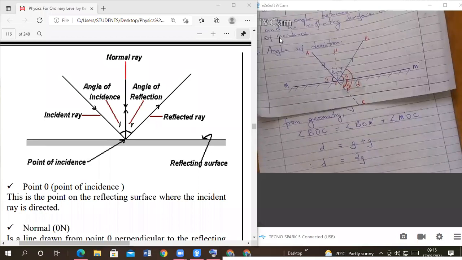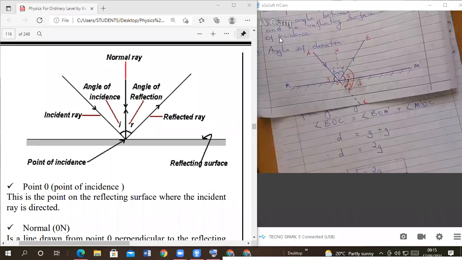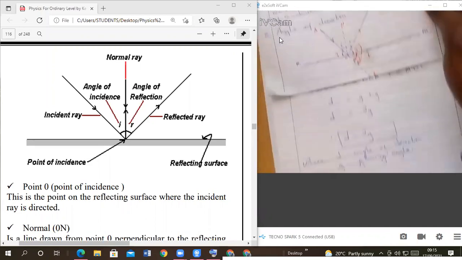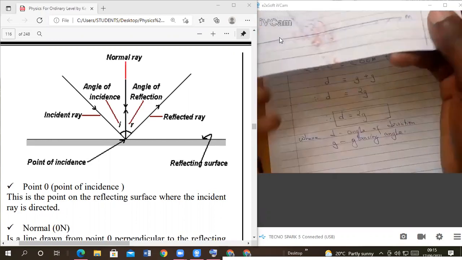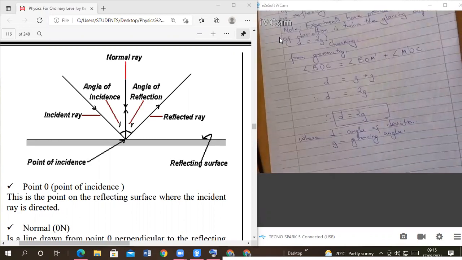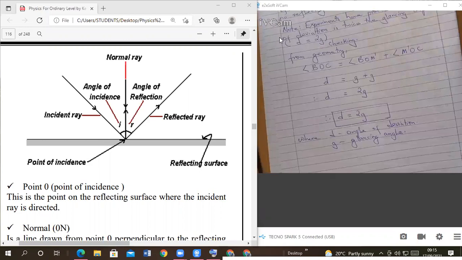Take note of that. Where D is the angle of deviation and G is the glancing angle. Are you together, members?